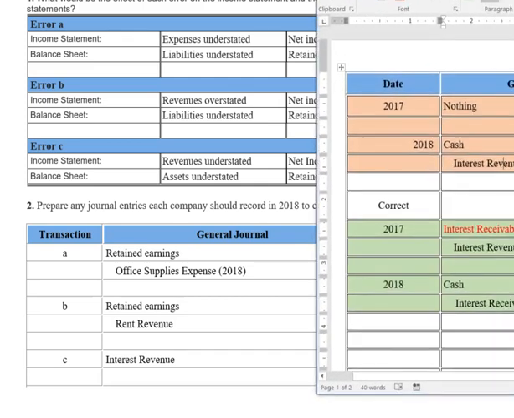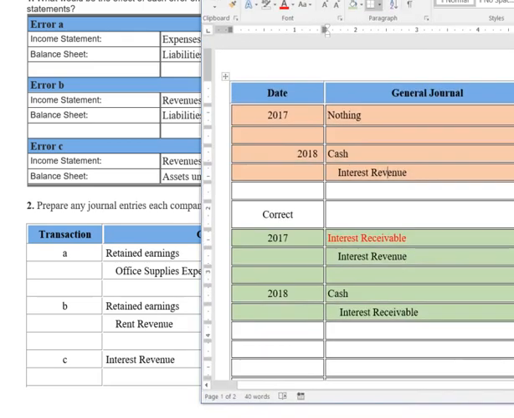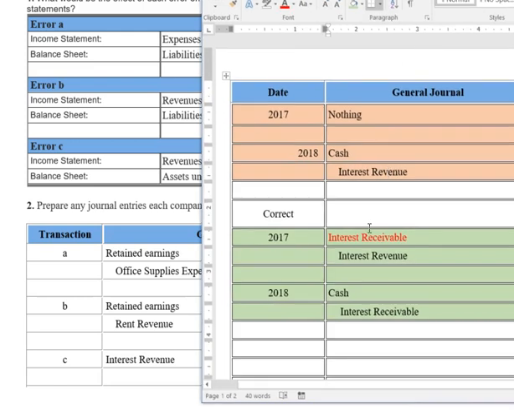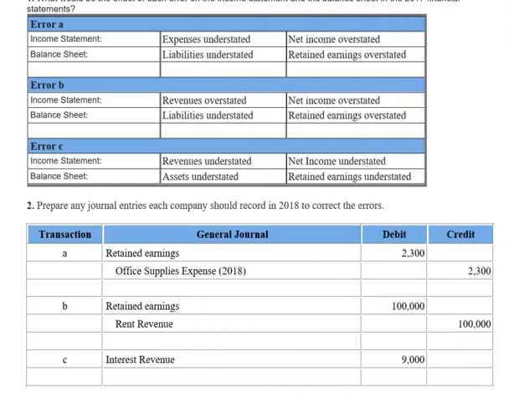Well, the other thing that's going to be wrong is my prior year's retained earnings. Because this interest revenue didn't get closed to retained earnings, my interest receivable is fine now because I've collected it, so my assets have corrected themselves. The only issue is my prior year income. So how do we fix prior year's income? Well, anytime you need to fix revenues or expenses from a prior year, you have to hit retained earnings. So we need to reduce our retained earnings, our revenues from last year.